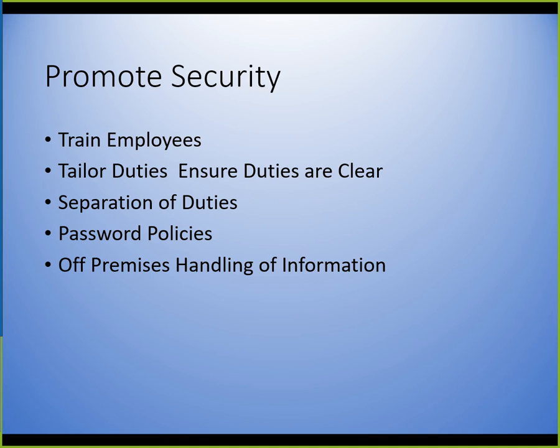And off-premises handling of information. How is that going to happen? Can people take information off-premises? What can they take off-premises? One of the government's big compromises was an individual taking information off the premises, a laptop with a whole bunch of personnel records in it, and the laptop got stolen.